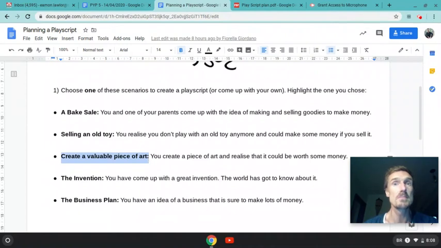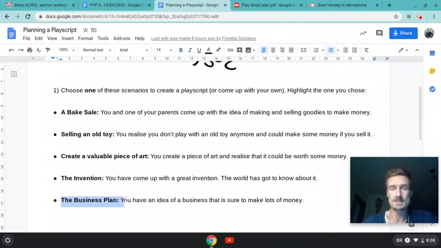Maybe it's worth some money. Fourth option is the invention. You have this amazing idea, which could also make you some money. And finally, the business plan. What business idea do you have that you think would work?